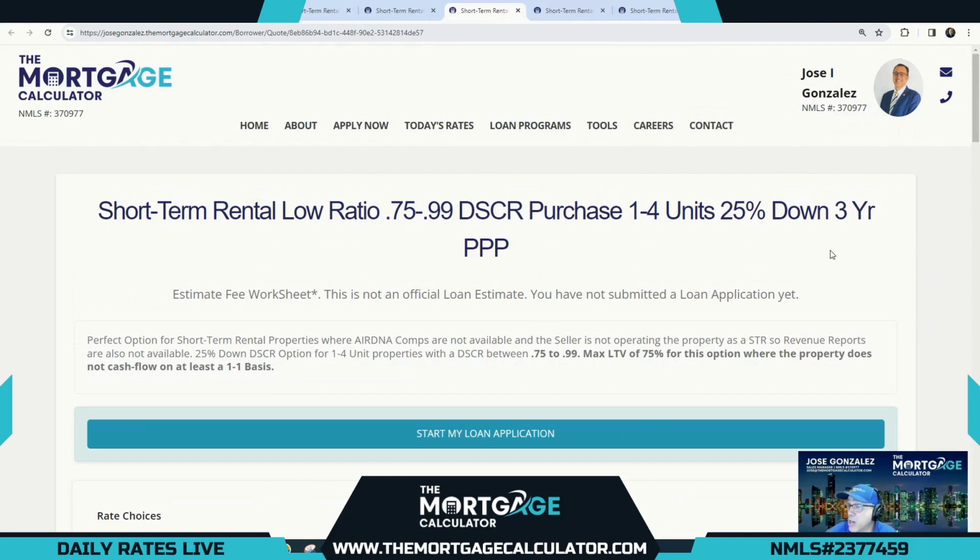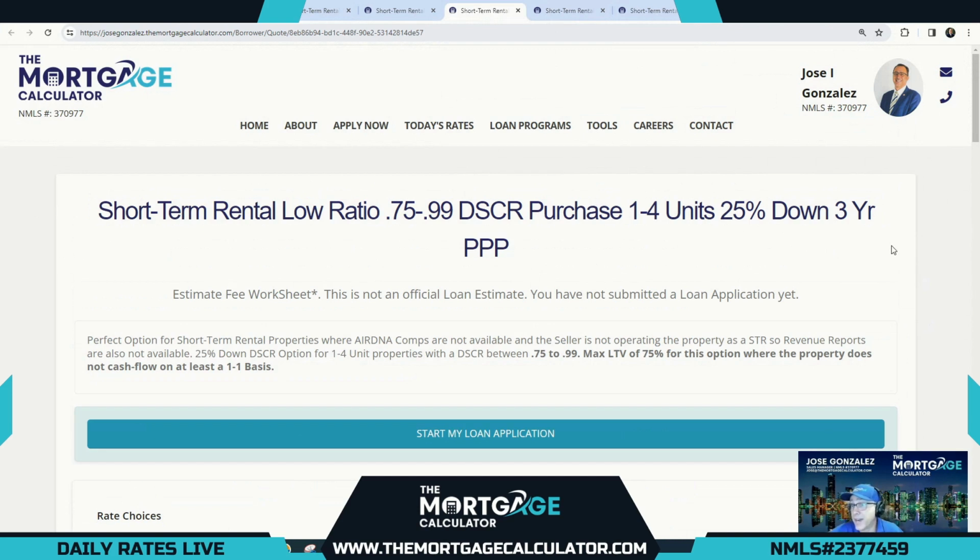That means we don't cover 100%, no matter if we're using short-term rental revenue reports or long-term rents. For 1 to 4 units, we can go up to 75% loan to value for this property.